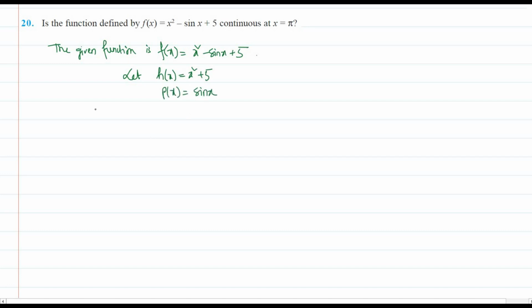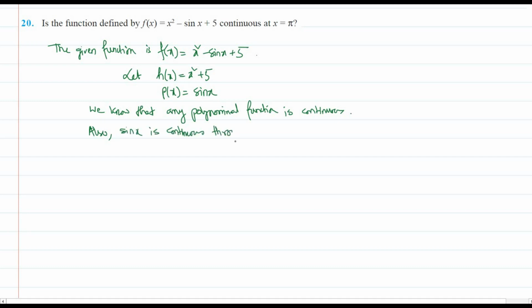Okay, now we know that any polynomial function is continuous. Also sin x is continuous throughout its domain. We know both of this information, alright?